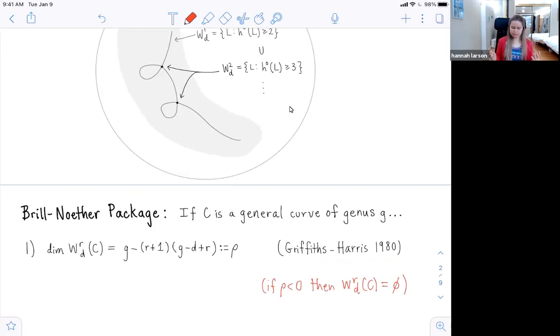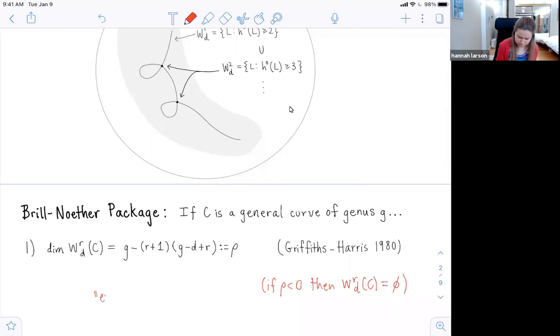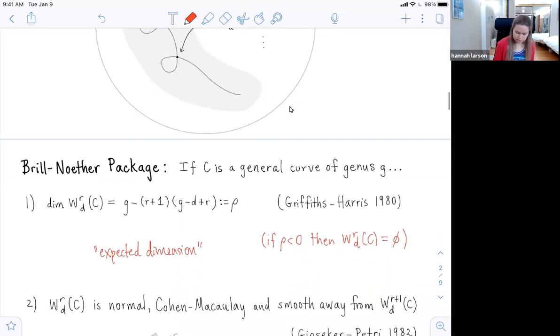And this dimension of W^R_D is in some sense the expected dimension when we view W^R_D as a determinantal locus. And this tells us a bit about the local geometry. It tells us that W^R_D is Cohen-Macaulay, so it has mild singularities.